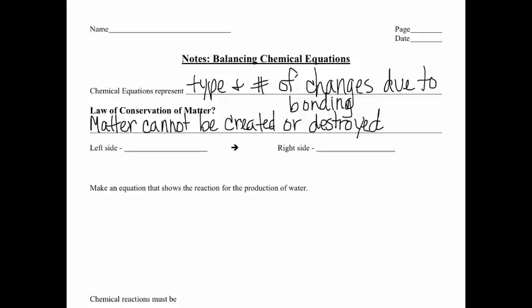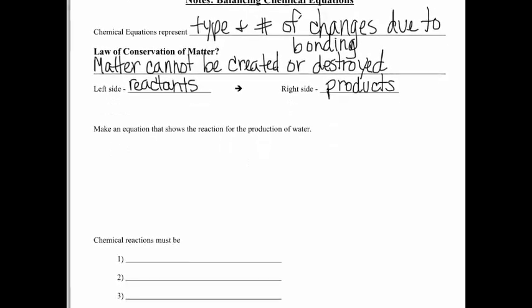So just some quick reminders of the different vocab words that we're going to be using. On the left side of the reaction arrow, we call those things that are on the left side the reactants. And the stuff on the right side we call the products. So those are all reminders.